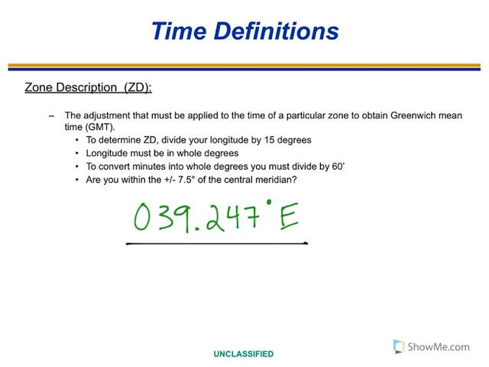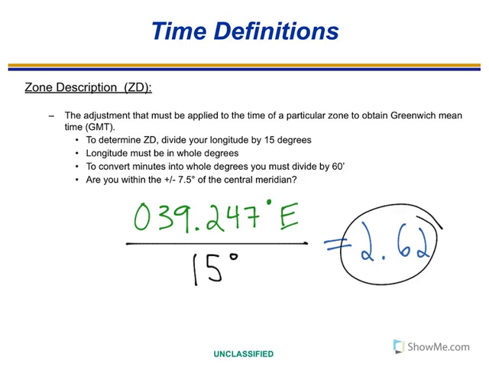So we'll take our full degrees and divide it by 15 degrees, because there's 15 degrees in every time zone, and we get 2.62. Now our zone descriptors will always be whole numbers. So we will take the number we get and round it to the nearest full number. In this case, 3 is closer than 2 because of our 0.62.